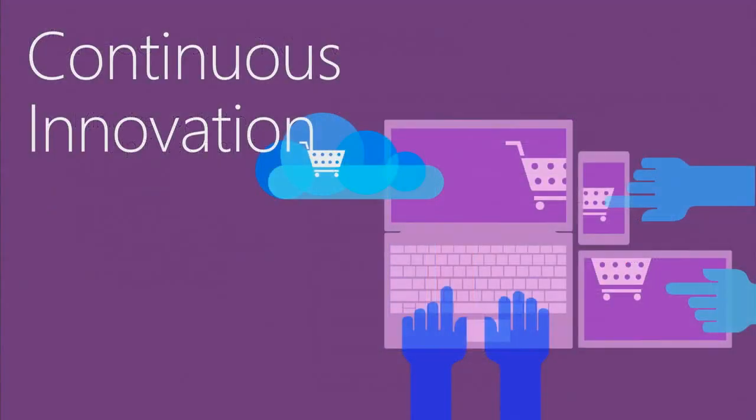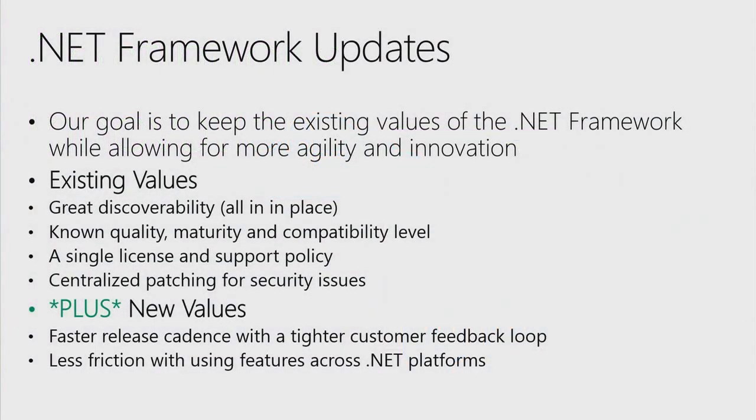The last theme that I'd like to cover is continuous innovation. Let me get into some more details of exactly what that is. One of our goals with .NET has always been that developers can go to one place to get all the bits, so we have great discoverability.